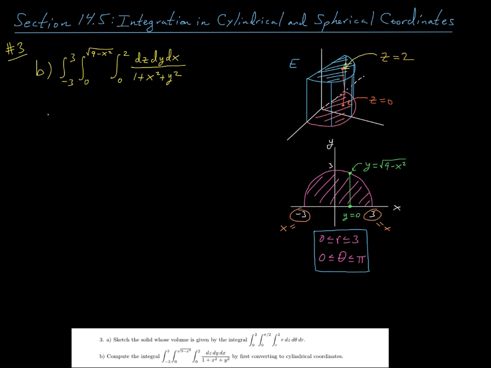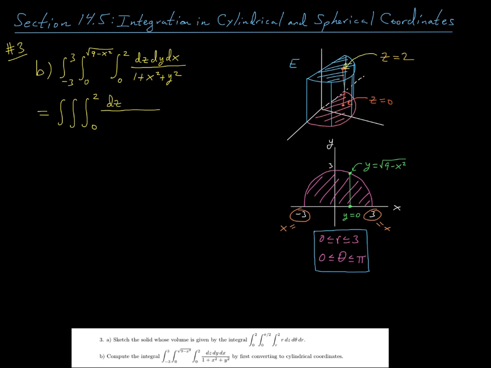All right, so now let's set this integral up in cylindrical coordinates. So I'm going to let z, that's varying from 0 to 2, and in cylindrical, z is just playing its usual role, so that is just left alone.